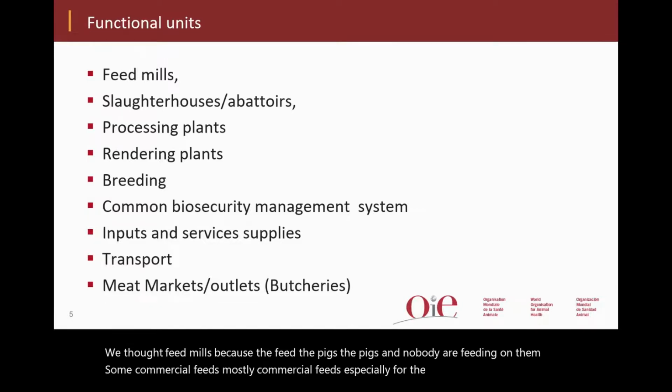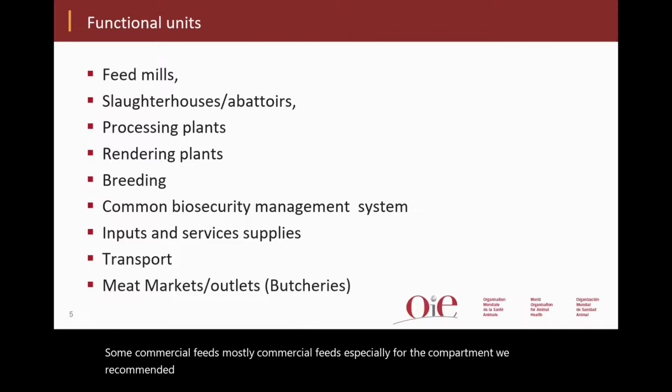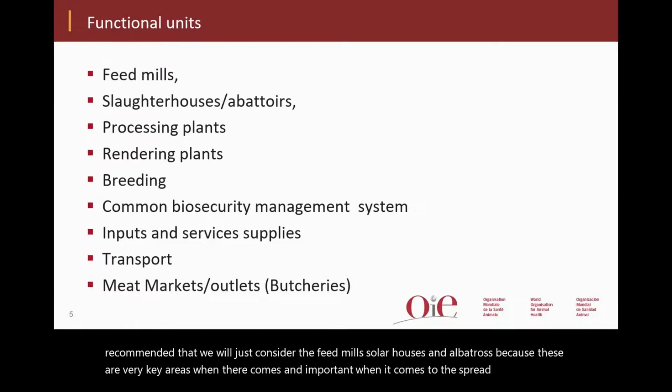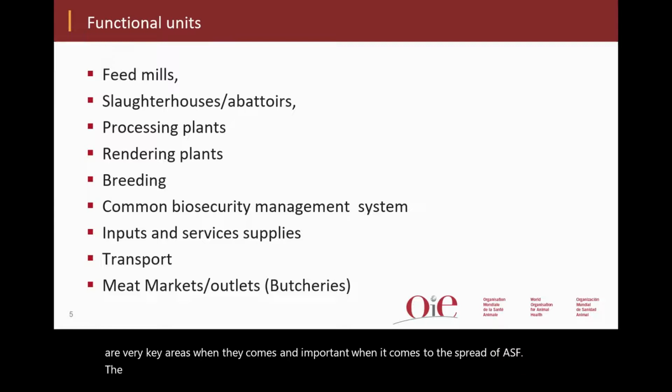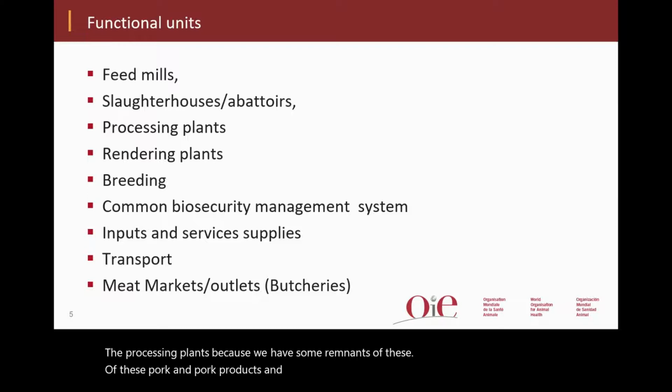We recommended that we would also consider the feed mills, slaughterhouses, and abattoirs, because these are very key areas and important when it comes to the spread of ASF. The processing plants, because we have some remnants of pork and pork products, and therefore also the associated rendering plants.